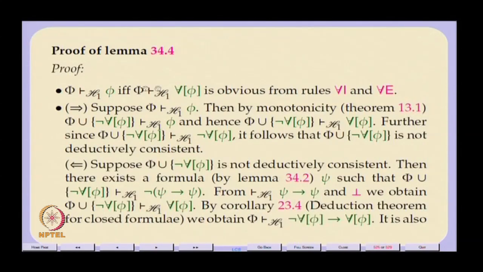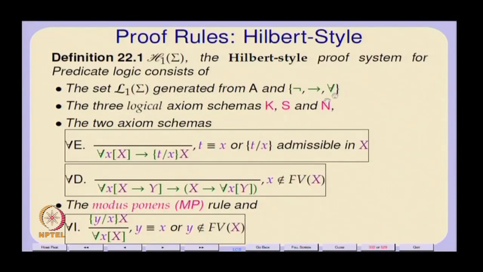One thing is, the fact that this first part, small phi is provable from capital Phi if and only if its universal closure is provable from capital Phi, follows from these rules, for all elimination and for all introduction. I will leave it as obvious.